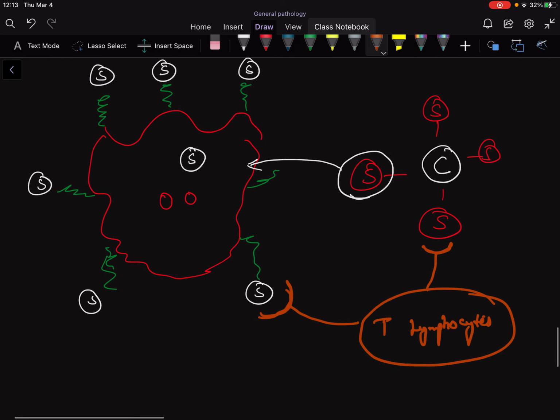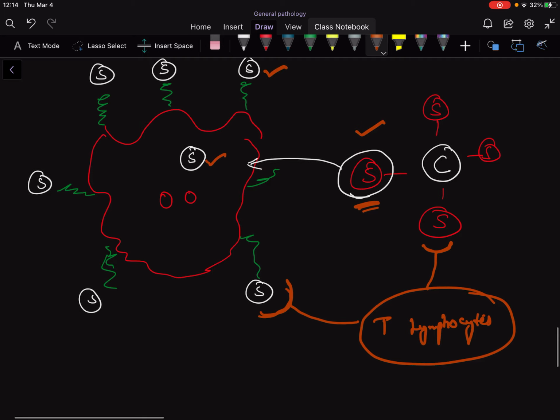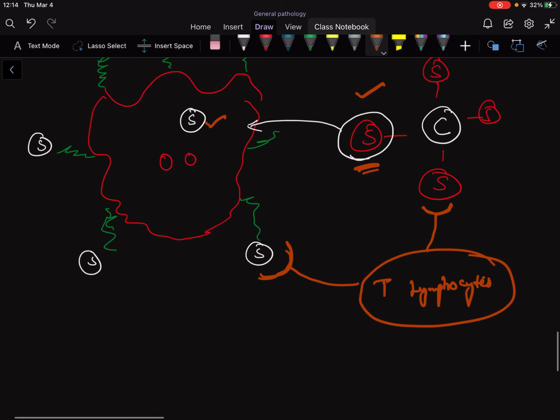So what this dendritic cell is doing, dendritic cells are nothing but antigen presenting cells. It means the spike proteins present here are the antigens. They will eat this part of the spike protein, digest it, and present it on the surface. They present these surface antigens to the T lymphocytes, hence they are called antigen presenting cells, APC.